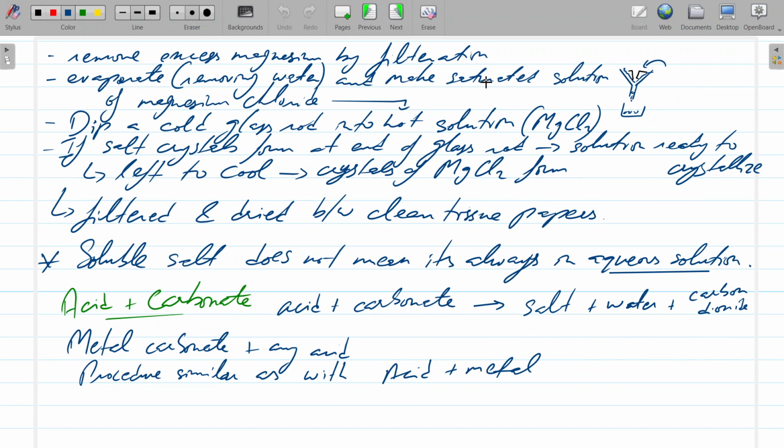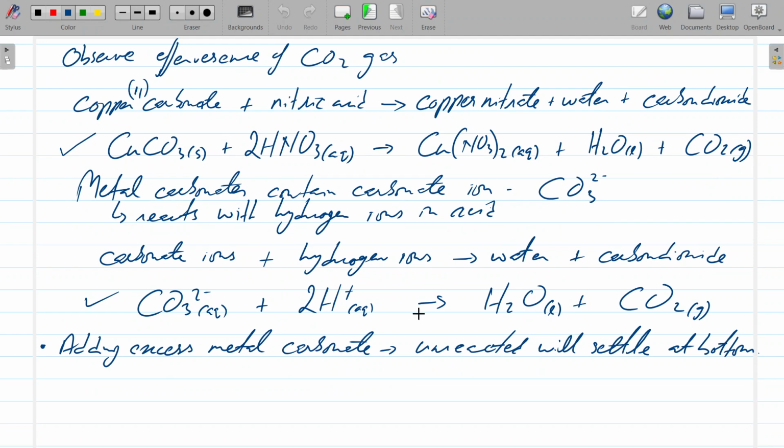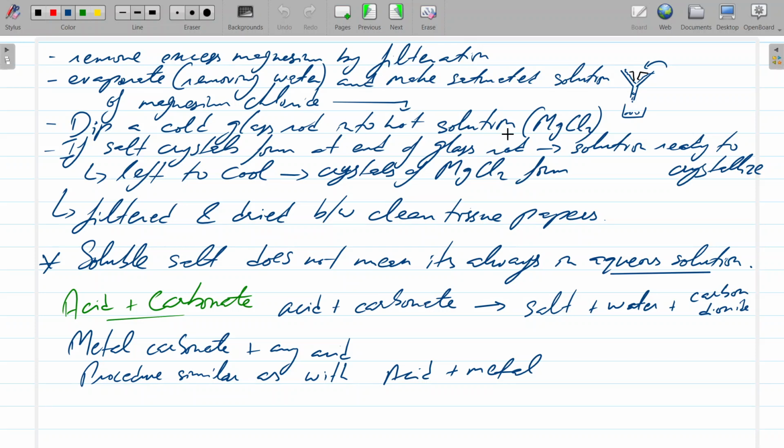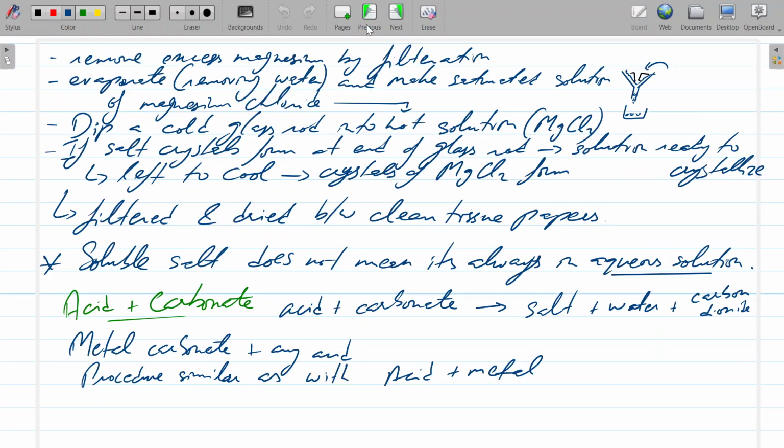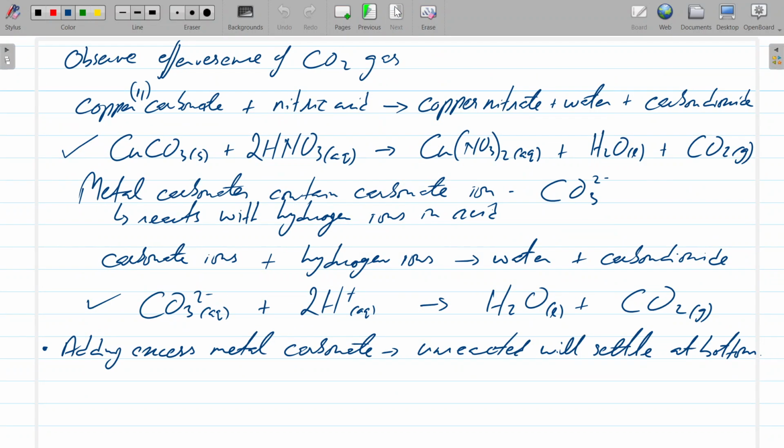Then you are evaporating the solution to saturate it. So same over here, you're evaporating it to saturate the copper nitrate. Then when it's hot, you dip a glass rod into it. If crystals form at the end of the cold glass rod, then you leave it to crystallize, and then you filter it and dry it with clean tissue papers. So the same thing.